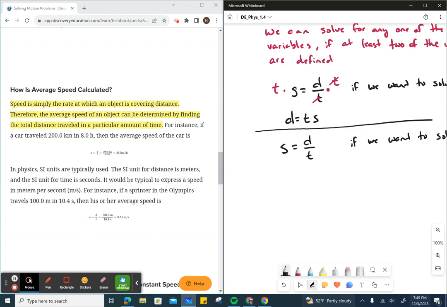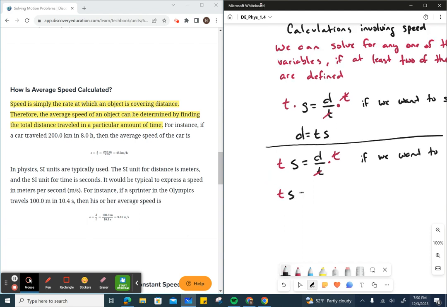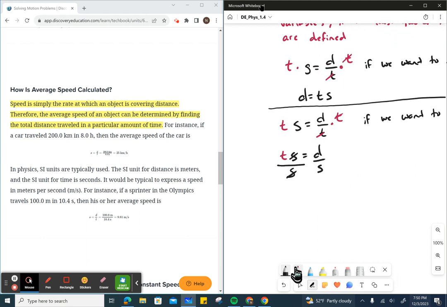This will be two steps here. I'm going to multiply that, and get the t over here. So now I have t times s equals d. And now I'm going to divide out the s. This cancels. What you do to one side, you do to the other. So now what I have is t equals distance divided by s. And now we're solving for time. Okay, so here we are solving for time.